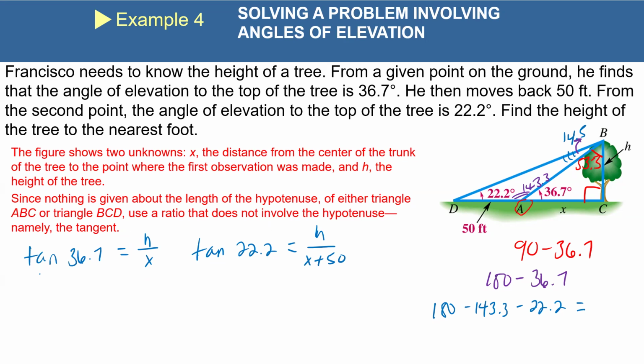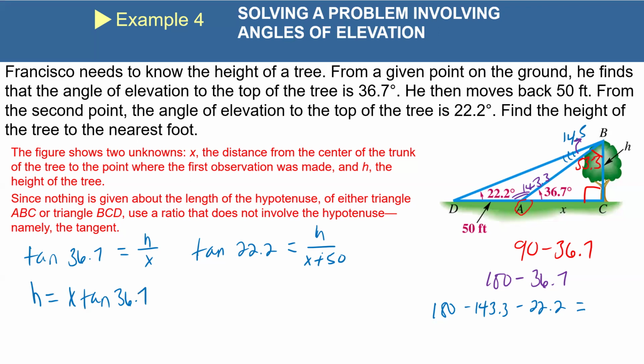All right. That's because tan of 36.7, that's just a number, right? Tan of 22.2, that's just a number. So that's perfectly fine. So H by itself here, H equals X times the tan of 36.7.